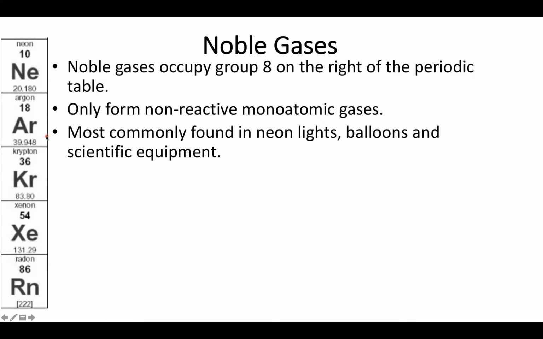You are most typically familiar with thinking of noble gases in things like neon lights. Also things like helium in balloons, and because they're very unreactive, scientists love using them for inert atmosphere. Because if we want to work in a system where no chemical reactions occur, noble gases are for you.